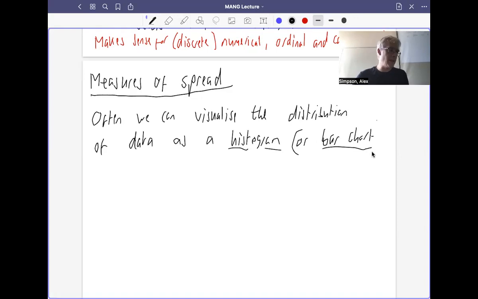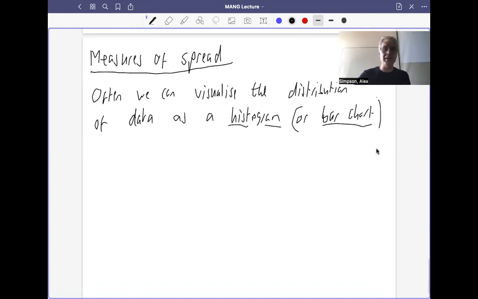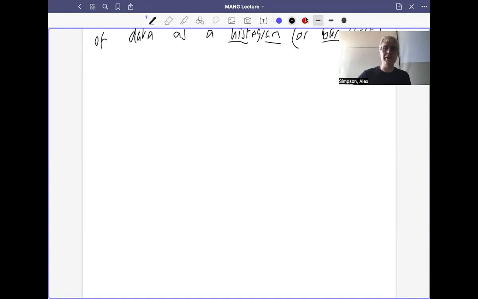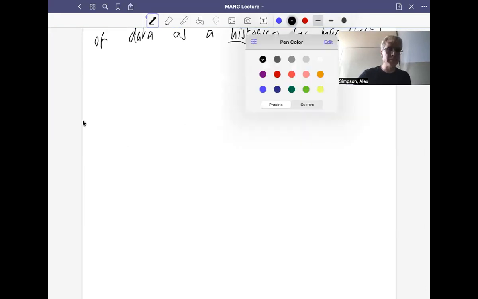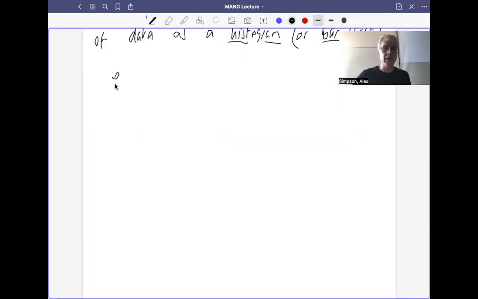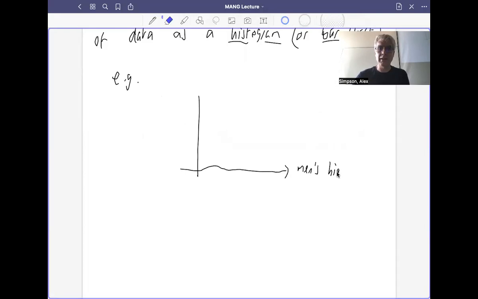So an example of this would be, suppose we were looking at people's heights. So suppose we were looking at men's heights. Well, let's draw a little picture. Here we have men's height, and here we've done some survey of men, what their height is, and suppose we were asking them to answer to the centimeter.